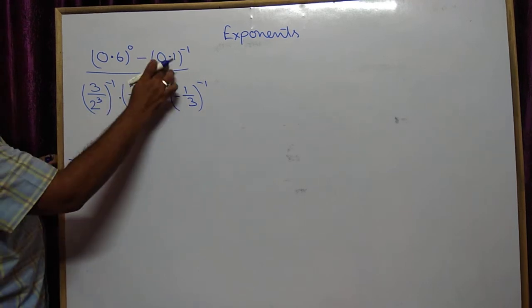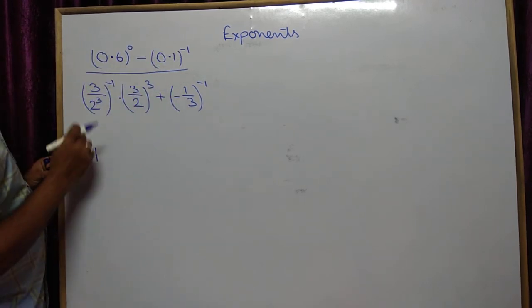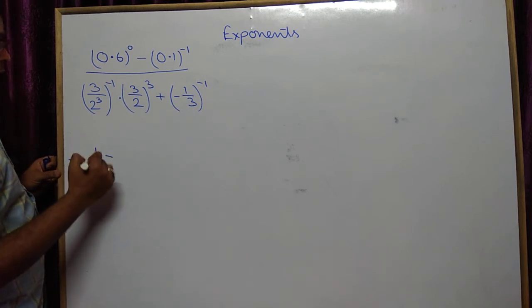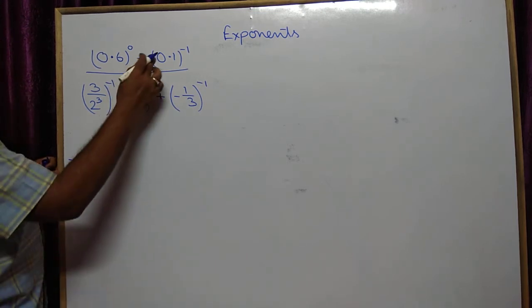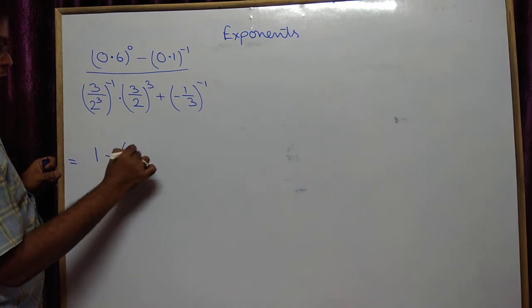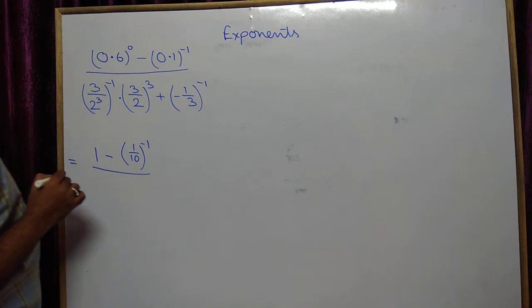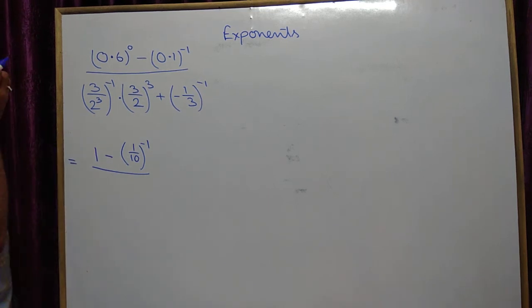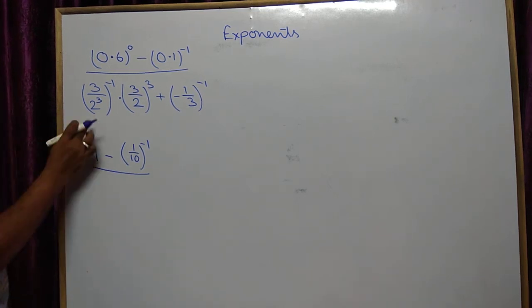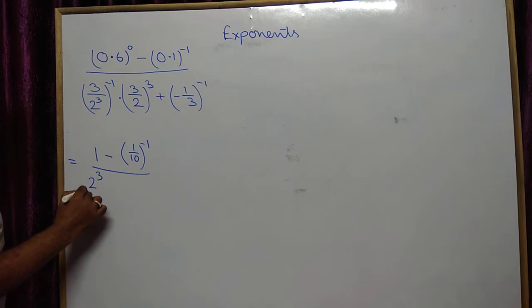Now see in this case, we have minus 0.1. It's 1 upon 10 whole to the power minus 1. We can change the sign. It's 2 to the power 3 by 3.